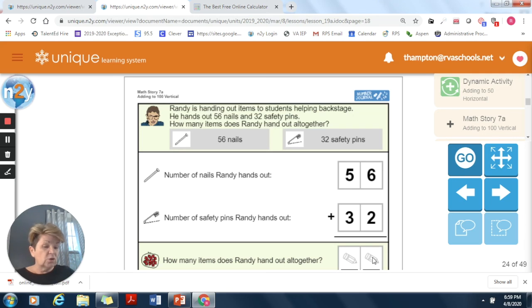Then we can do it our usual way where we put our hash marks by our numbers. So if we write 56, just a second, I had to remember that I have to write them backwards for you because the camera's being funny today. 56 minus 32.